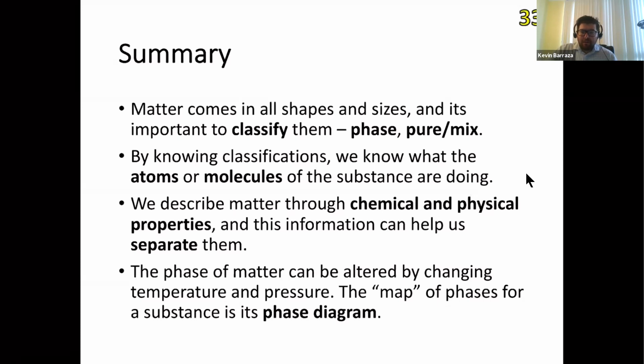Oh, and before we go, one last good question. Does boiling point have anything to do with density? So the two aren't, I would say no. However, I'm sure there's an exception to that. I would say there's a correlation, but not a causation.